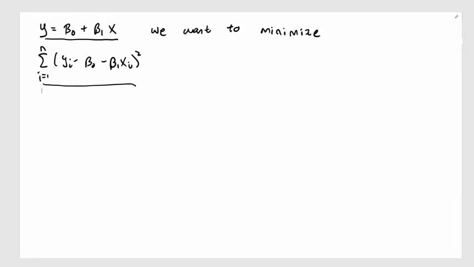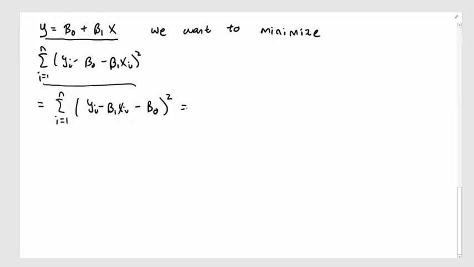Imagine for the moment that beta 1 is fixed and known. Then I'm simply going to rewrite this equation as summation i equal 1 to n of (yi minus beta 1 xi minus beta naught) quantity squared.